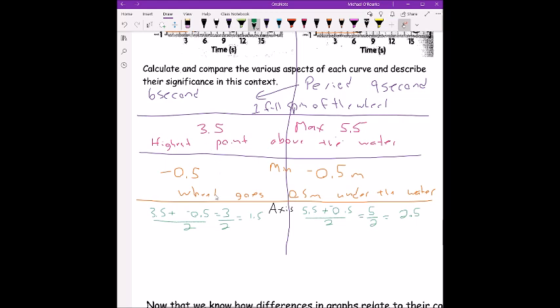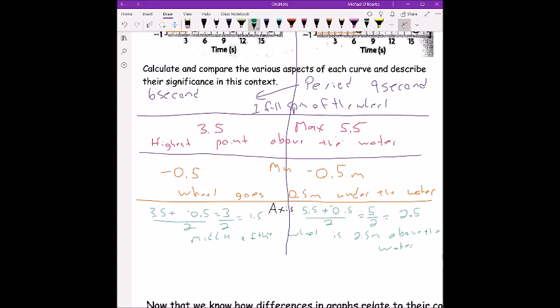So I would say in real life terms, the middle of the wheel is 2.5 meters above the water.